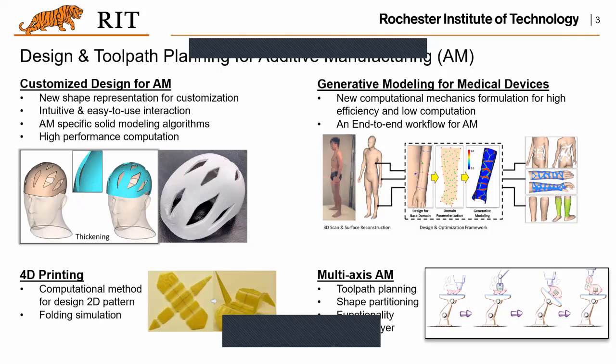So the third piece of my research is the so-called generative modeling. If you ever use Fusion 360, you probably know some about generative modeling. So the idea is instead of designing each of the details of the product, you just have some rough idea about what you want the product to look like, or what kind of requirement you want the product to have.